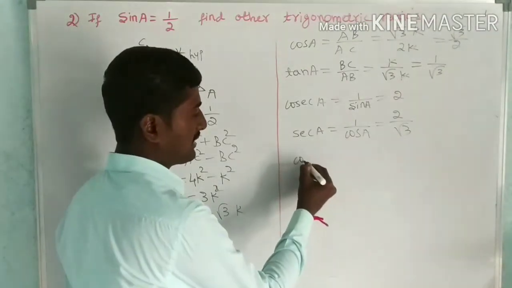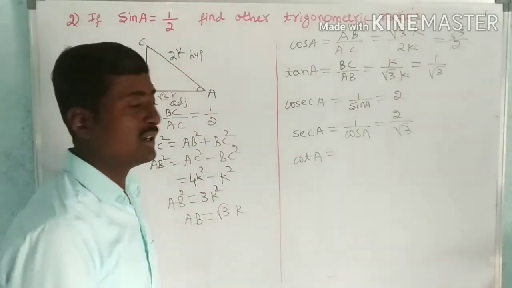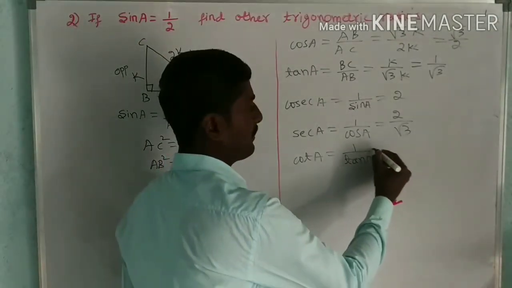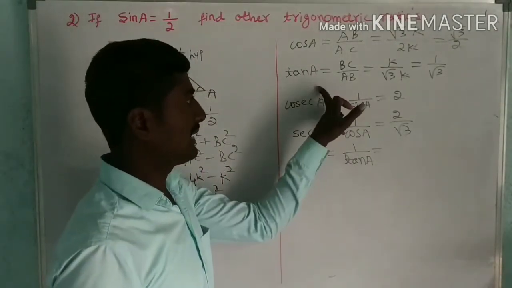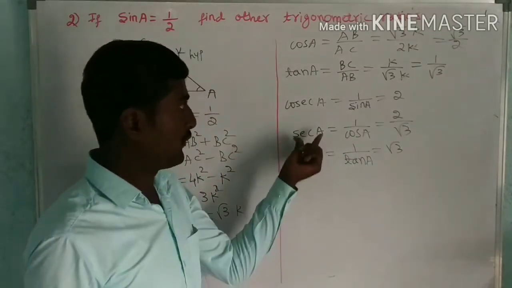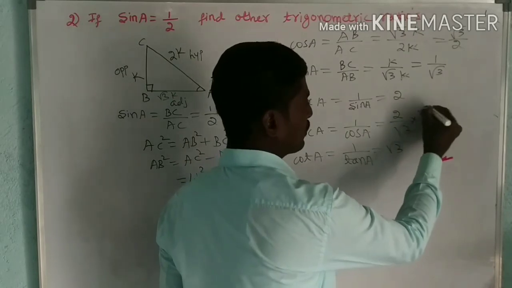Then the last one is cot A. This cot A can be written as 1 divided by tan A. So that reciprocal will be root 3. If you want to write in the simplest form, I can multiply and divide by root 3.